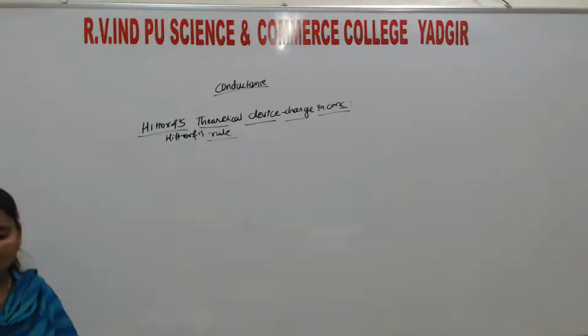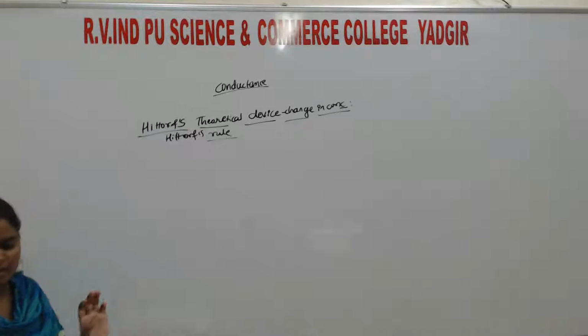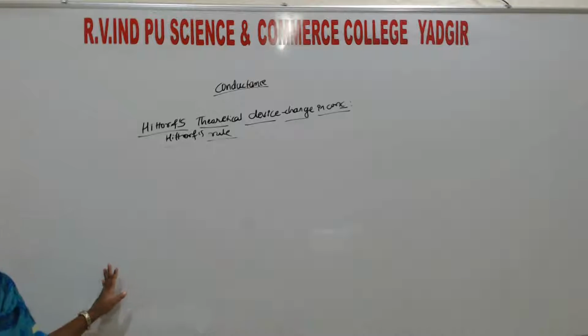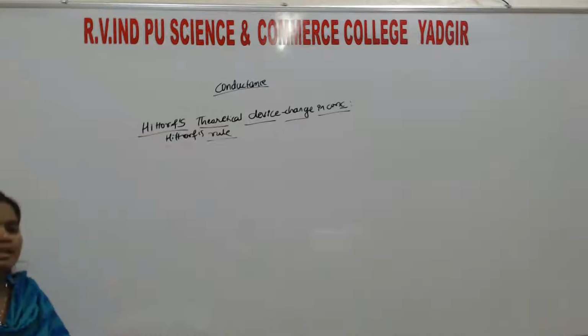In the Hittorf rule, we have already seen in transport number that during electrolysis the ions move towards the oppositely charged electrodes.